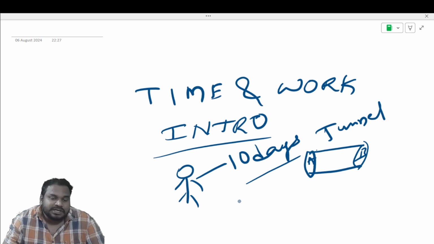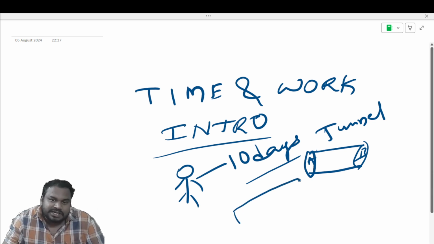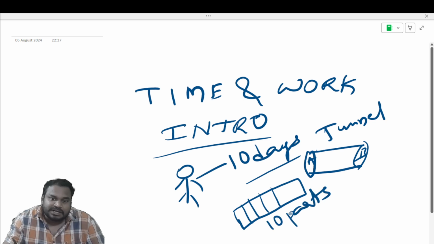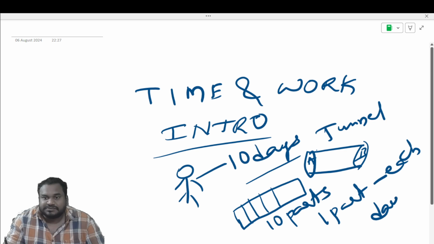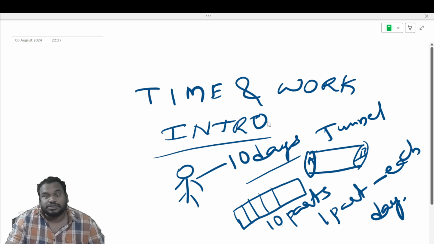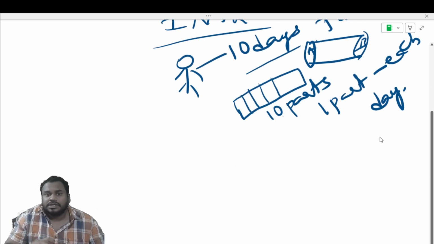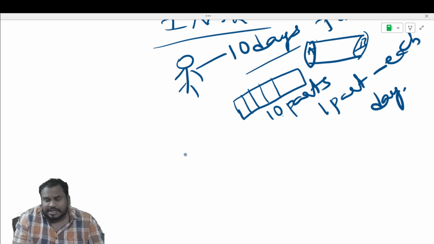How can you tell? I will divide this 10 days of work into 10 parts. From these 10 parts, he will do one part each day. When he does one part each day, in 10 days he can finish the total work. This can be calculated easily.